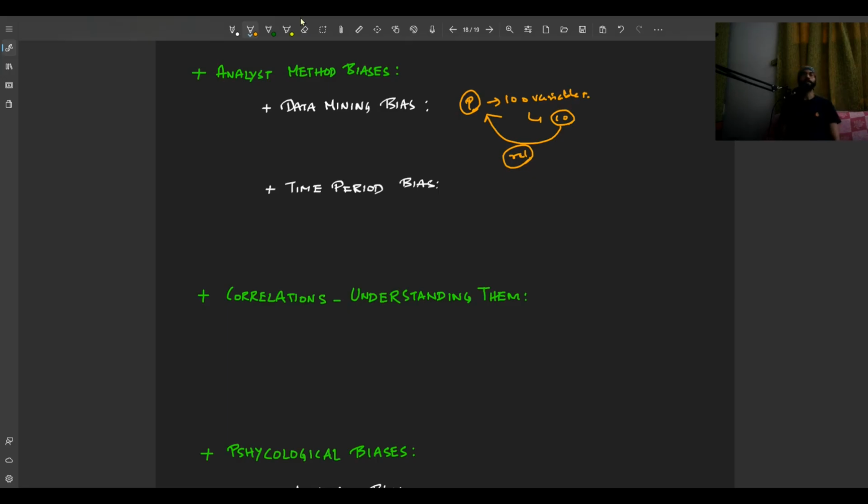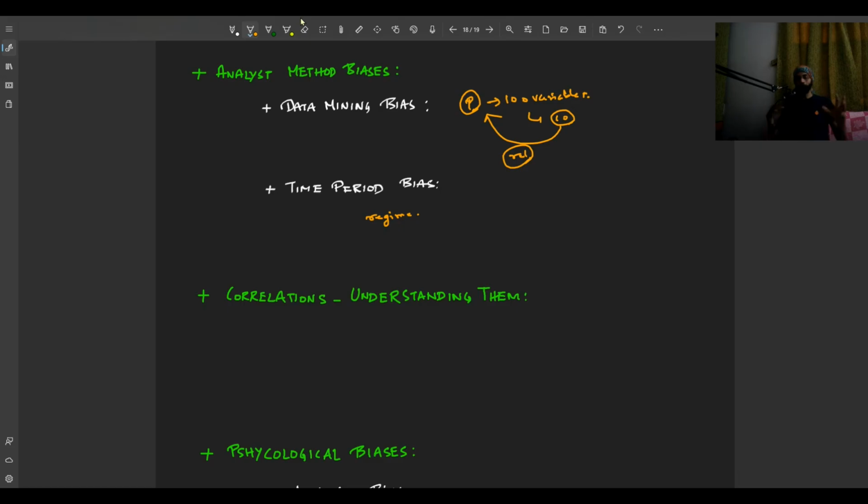Then time period bias. We have attended this before also. This is related very much to the regime and the assessment of market scenarios. Let's say you are trying to create a market projection based on a recovery phase, but the phase is actually an expansion phase. So you are going to make mistakes probably, right?